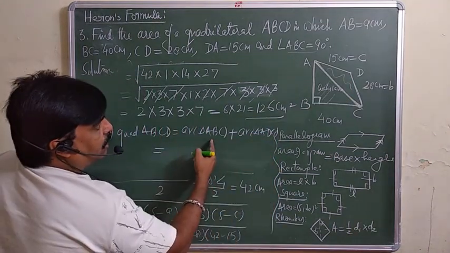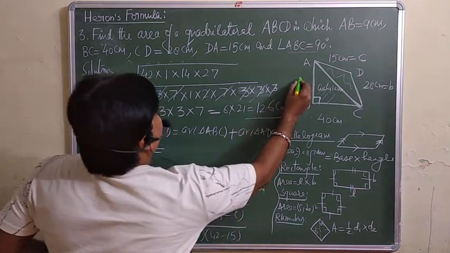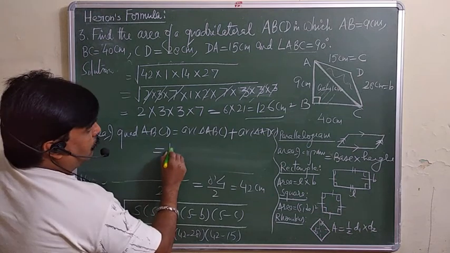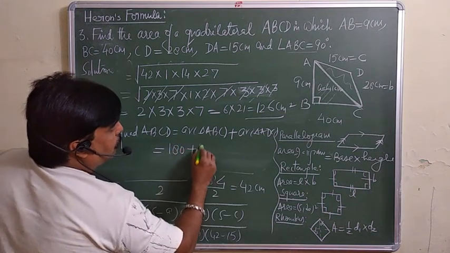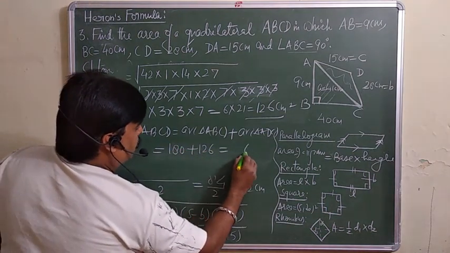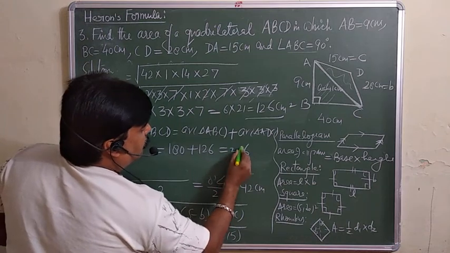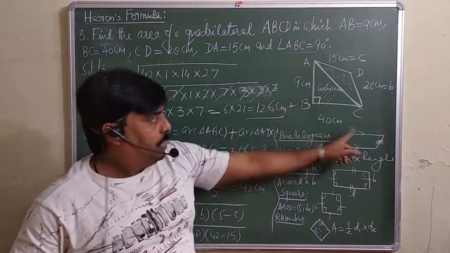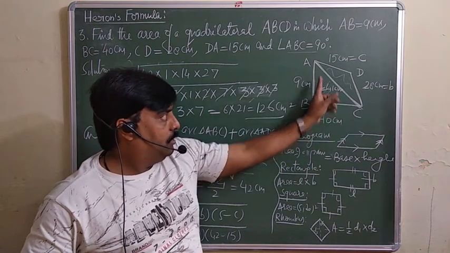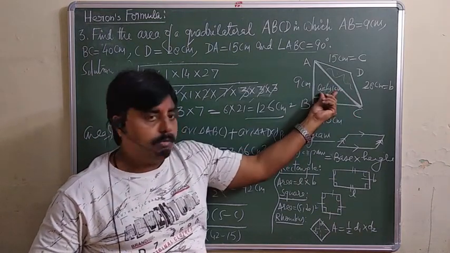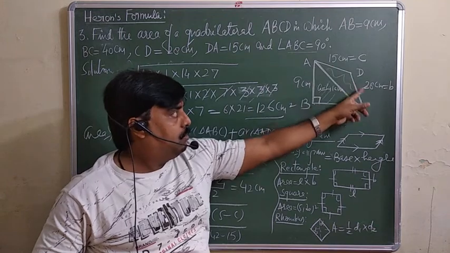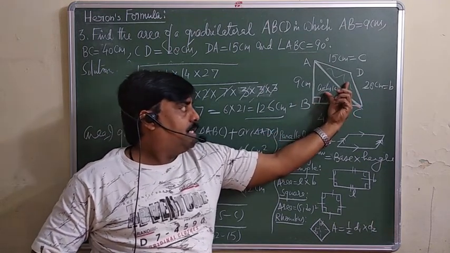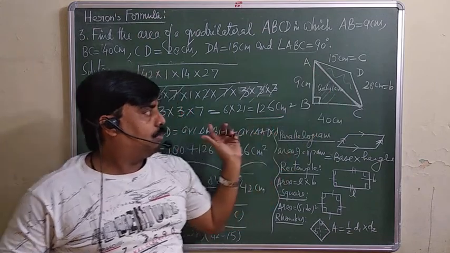Area of triangle ABC was equal to 180 and this is 126, so 306 centimeter square. This is the area of this quadrilateral. Because you know this angle, you can find out this side. Here you can apply half base into altitude, but here you are supposed to apply Heron's formula. Separately calculate the area of both, add them, and you will get the area of this quadrilateral. Have a look.